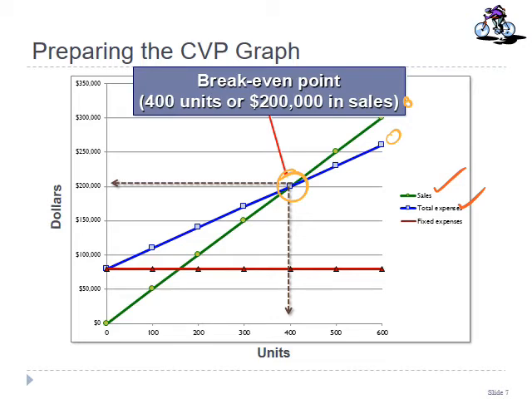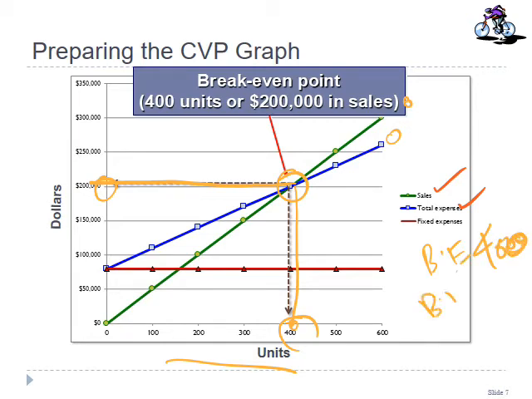So you want to find the units, and units should be on the x-axis, so you draw a line here on the x-axis. On the y-axis, you draw the respective dollar amount. So break-even units will be 400, and break-even in total sales dollars would be 200,000. That's how you prepare the CVP graph.